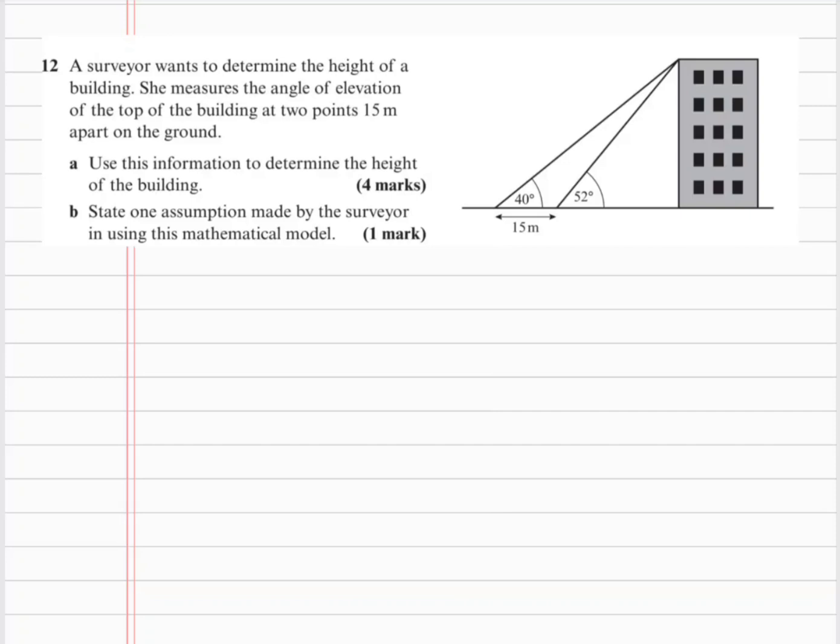First, remember that we want to find the height of the building. One possible approach is to find this angle, which is 180 minus 52 degrees, and that is equal to 128 degrees.